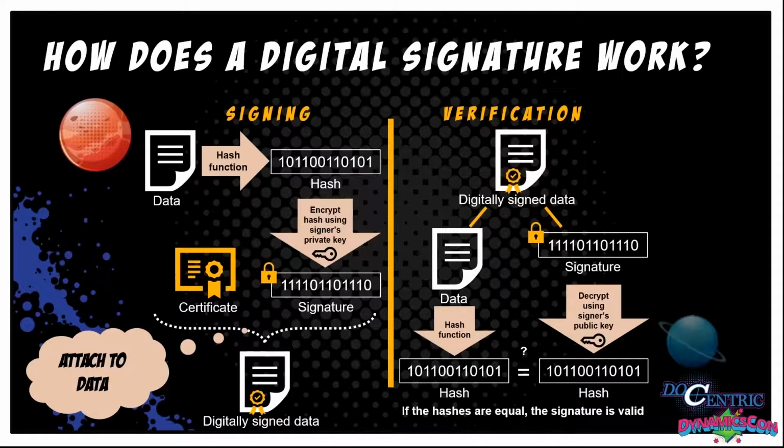So let's put it in plain and simple terms. But first, let's start with digital certificates, and then I will explain the signing and the verification part. Digital certificates are electronic credentials that bind the identity of the certificate's owner to a pair of electronic encryption keys.